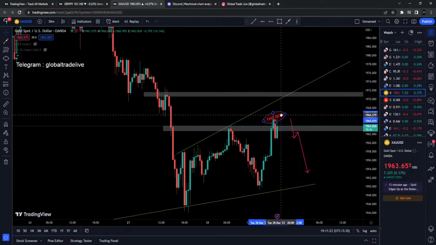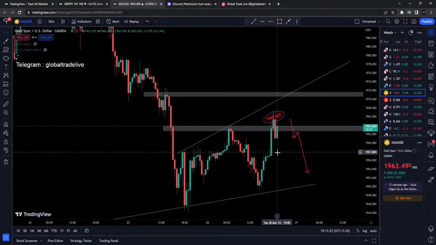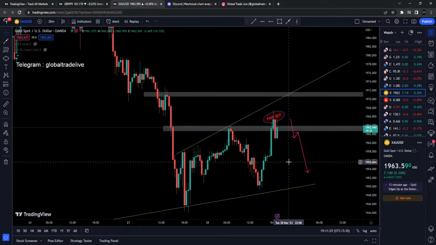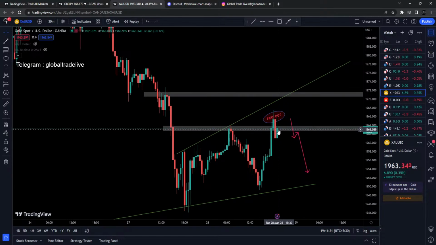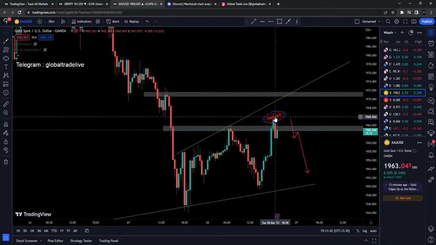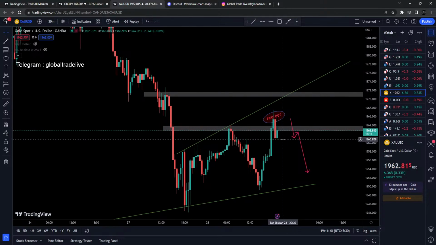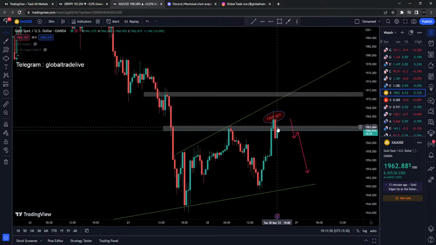So this area is a fake out, which has happened over here in gold, and right now this candle already broke the high where many buy traders have entered and they are now stopping out. Okay, and now the candle is again rejecting, so I think we might get a sell trade in the next 30-minute candle.